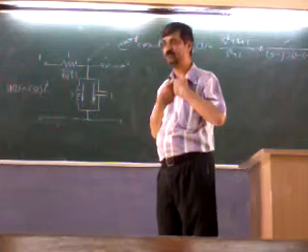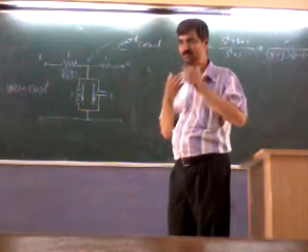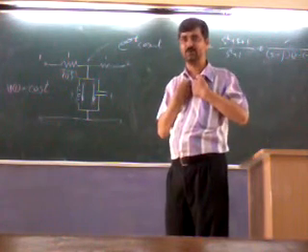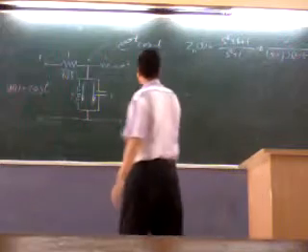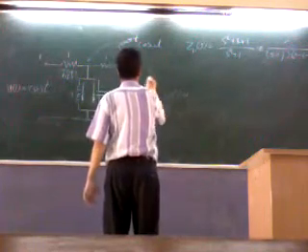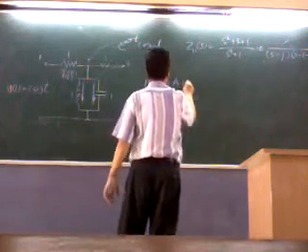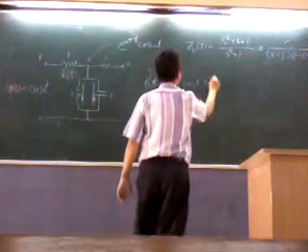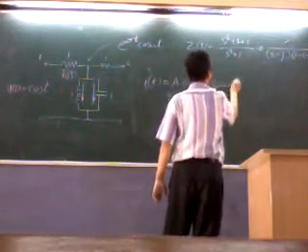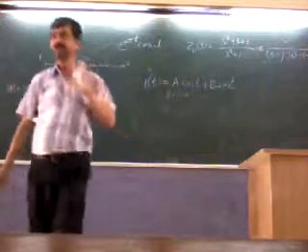So what is to be found out? It is to be found out. So I can very well say I(t) is equal to A cos t plus B sin t. Is it alright?